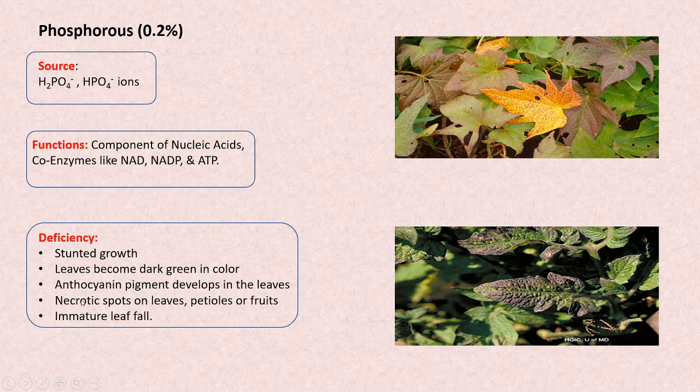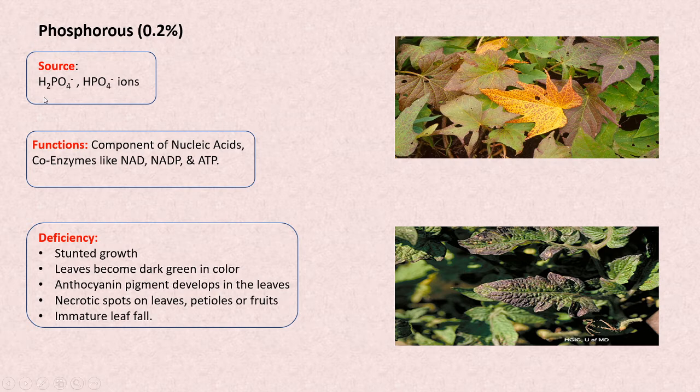Necrotic spots means nothing but dead regions. Okay, and these necrotic spots appear on leaves, petioles, and fruits as well. And as a result, immature leaf fall is also observed. Okay, so these are the deficiency symptoms of phosphorus.